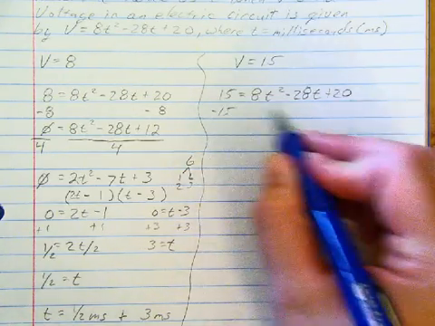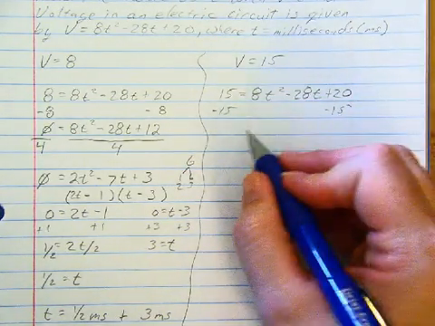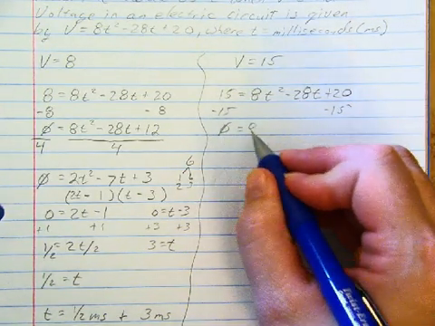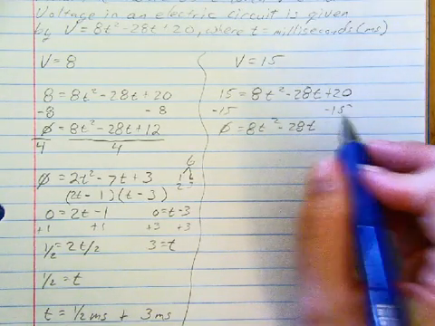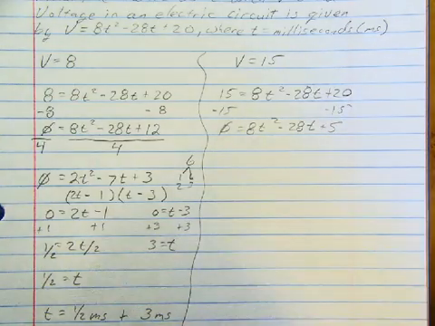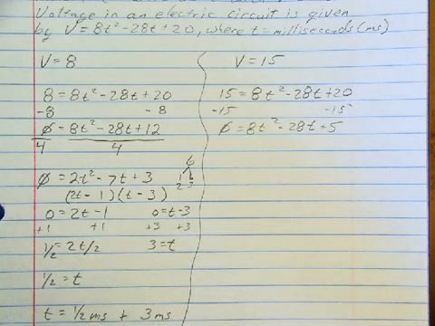So minus 15 from both sides. So 0 equals 8t squared minus 28t plus 5 this time. So now with this one, we're going to be using the quadratic equation instead of just factoring.